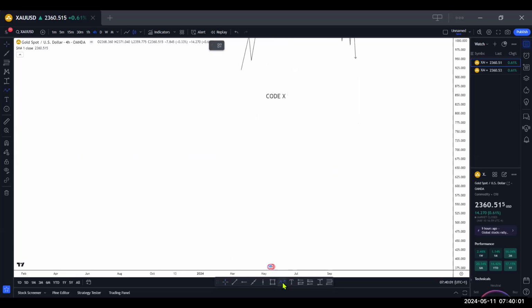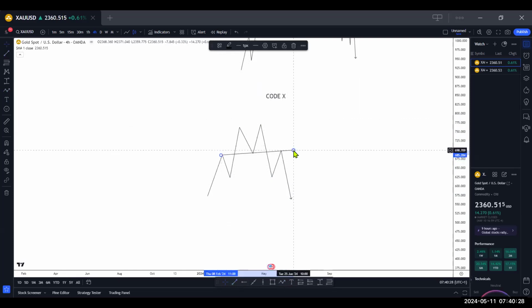All right. So this is how it looks. Crazy, right? Now you look for this. You find this setup when you have a double top or a double bottom. So you see, this is a double top. First touch, second touch, entry.